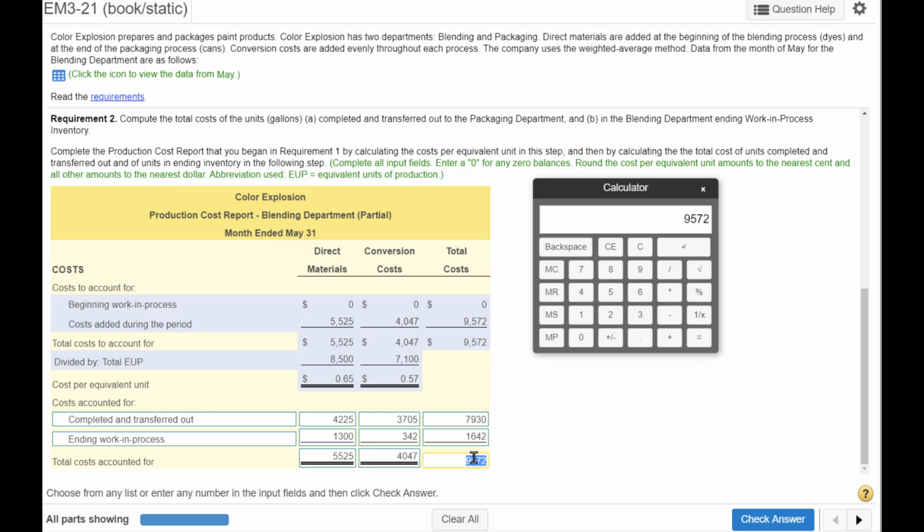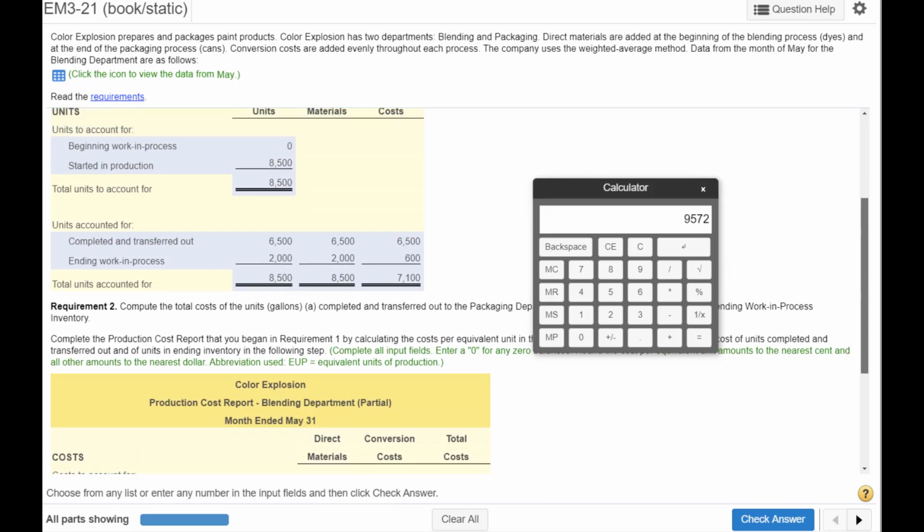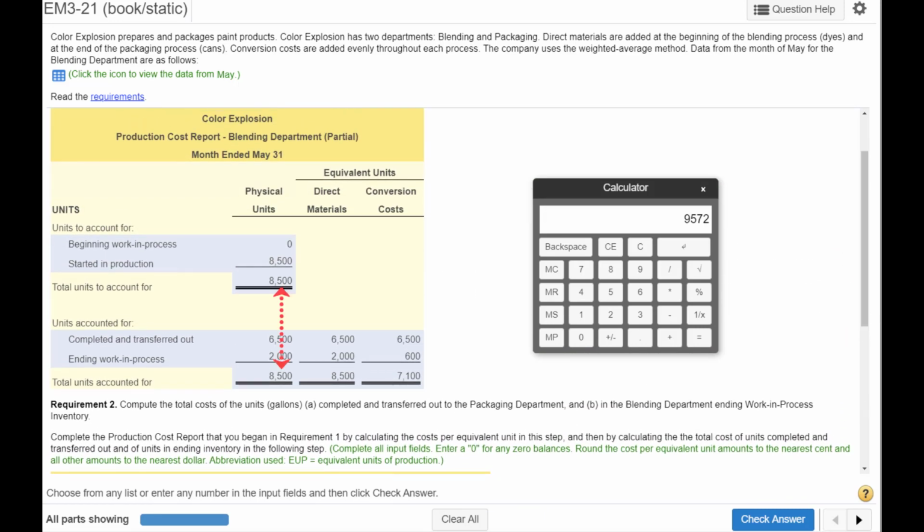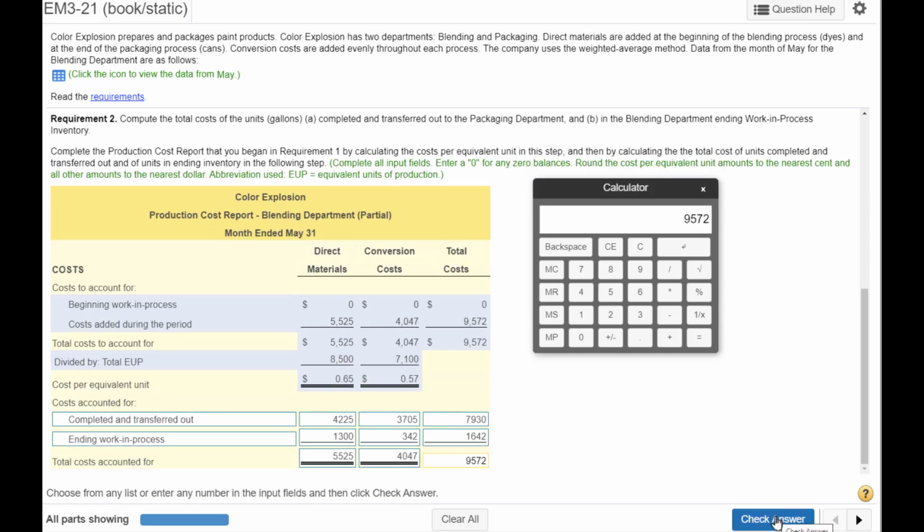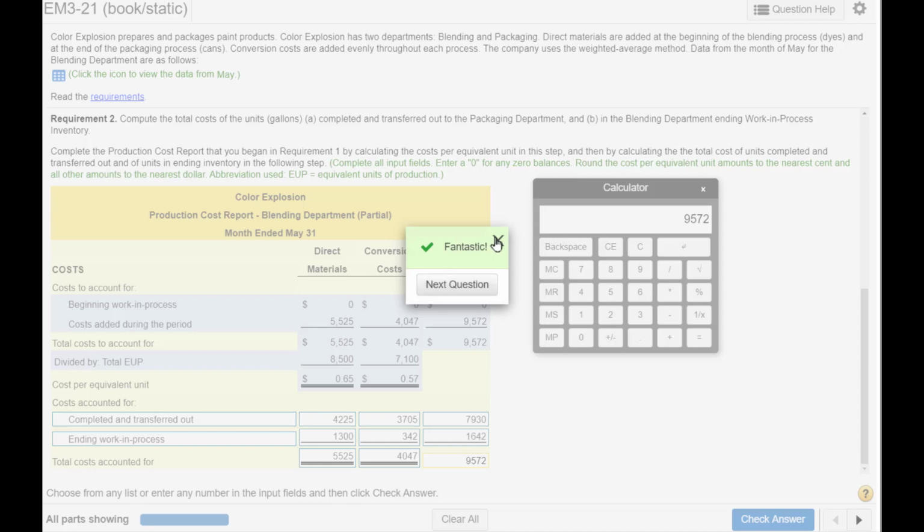So one final check: the total cost to account for, this 9,572, must equal the total costs accounted for, 9,572. Just like the total units to account for, 8,500, must equal the total units accounted for, 8,500. Awesome.